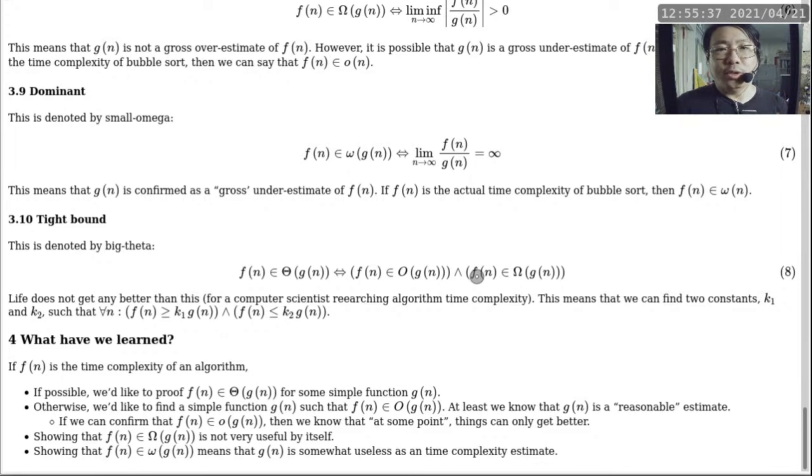In other words, when g of n is both the upper bound and the lower bound of f of n, then we use the symbol of big theta, which means it is a tight bound. g of n is a tight bound of f of n. Any questions about upper bound, lower bound, tight bound, gross overestimate, gross underestimate, and so on?